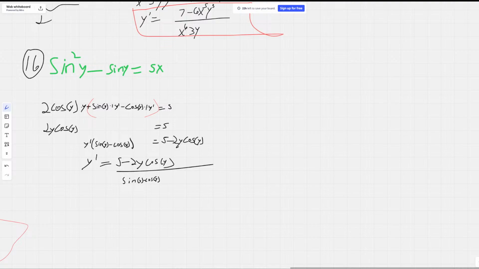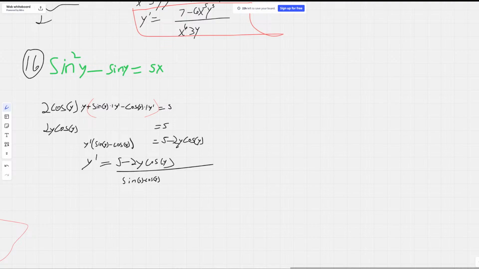I hadn't even written it down yet in my notebook. 16. Might as well, though, while I'm here. 9 squared y plus y equals 5x. 2 cosine y.